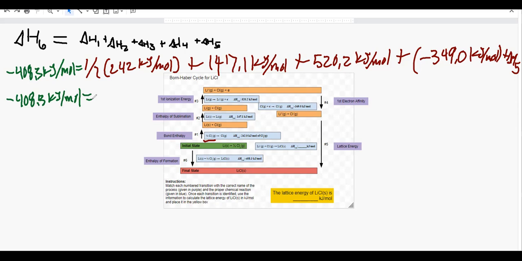So that becomes 439.3 kilojoules per mole plus the enthalpy change of step 5. And since we're looking for that enthalpy change of step 5, we can take that 439.3 and subtract it from both sides.